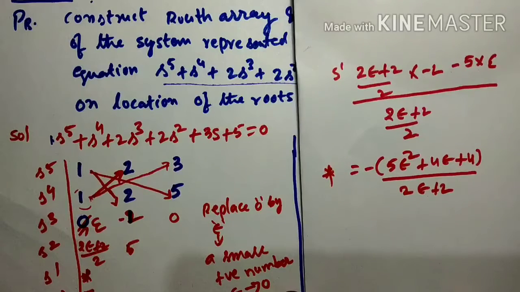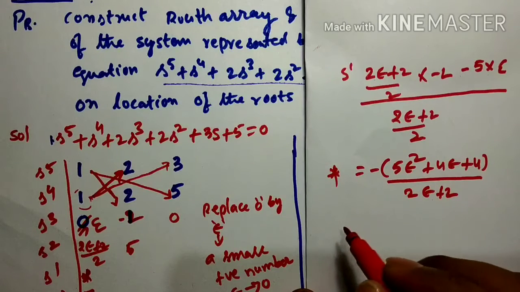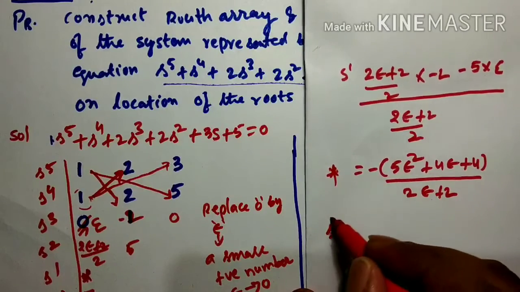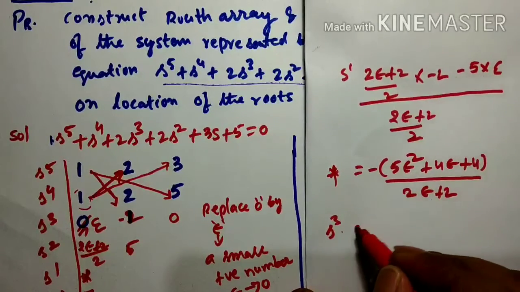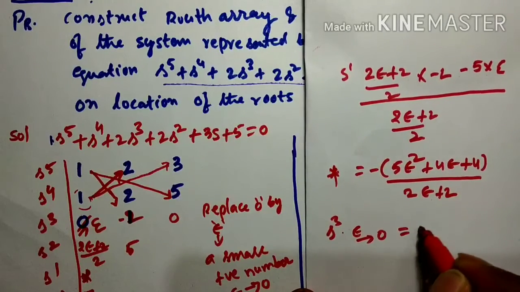So now you substitute epsilon equal to 0. When you substitute, what do you get? In the S cubed row there is an epsilon, and when it approaches 0, you will get 0.